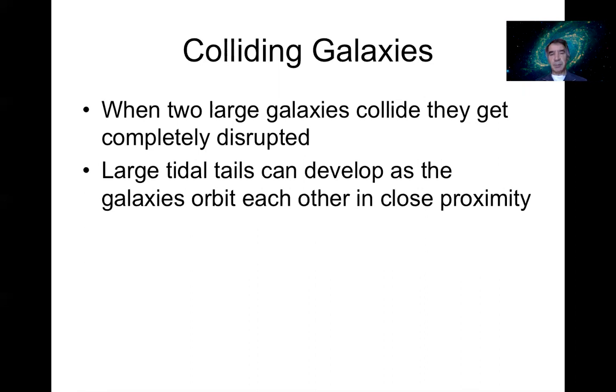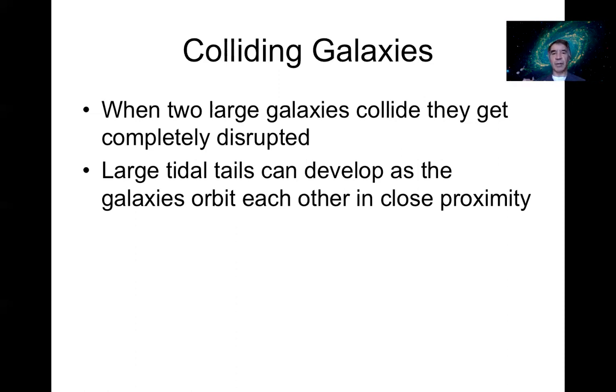So what happens? Again, we'll see this in some pictures in a moment. You get things called large tidal tails. When you get extended sources of mass, like a galaxy, in the gravitational influence of another galaxy nearby, the part of the galaxy nearest to the other galaxy sees a stronger gravitational pull than the far side.